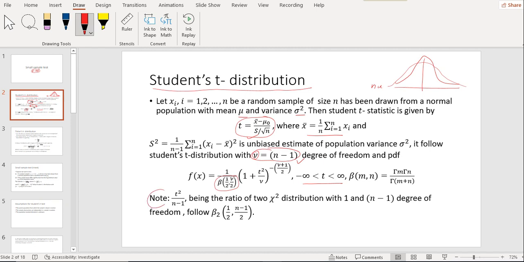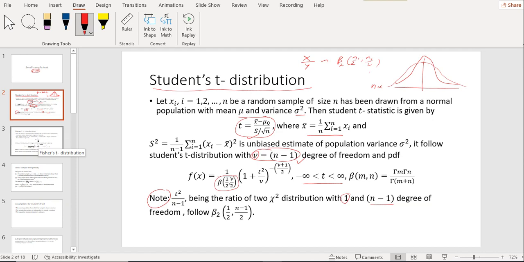An important note is that t square upon n minus 1 is considered a ratio of 2 chi-square distributions with 1 and n minus 1 degrees of freedom, so it follows the beta 2 distribution that we discussed in the chi-square distribution video: the ratio of 2 chi-square distributions with degrees of freedom n1 and n2 follows a beta 2 distribution with parameters n1 by 2 and n2 by 2. Because it is a ratio of 2 chi-square distributions with degrees of freedom 1 and n minus 1, it follows the beta 2 distribution with parameters 1 by 2 and n minus 1 by 2.